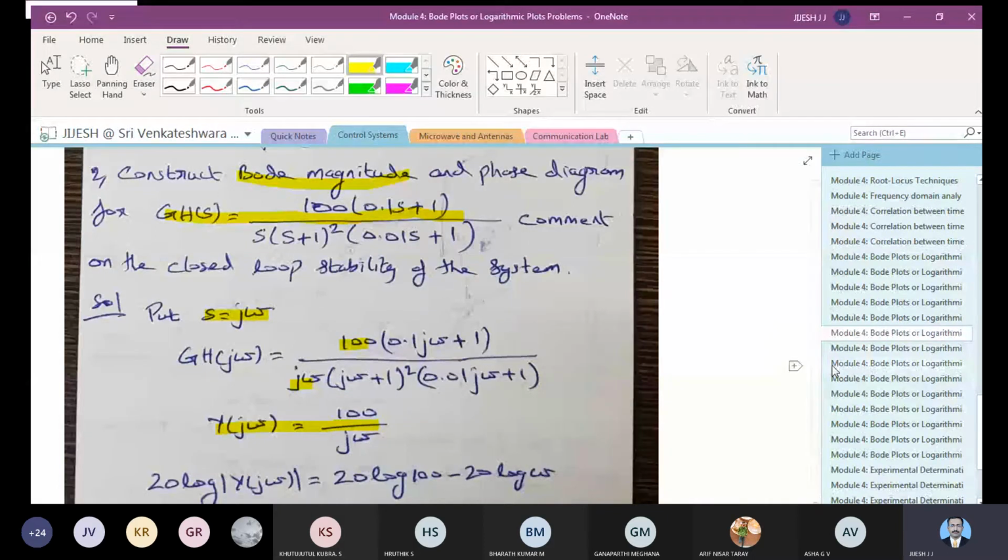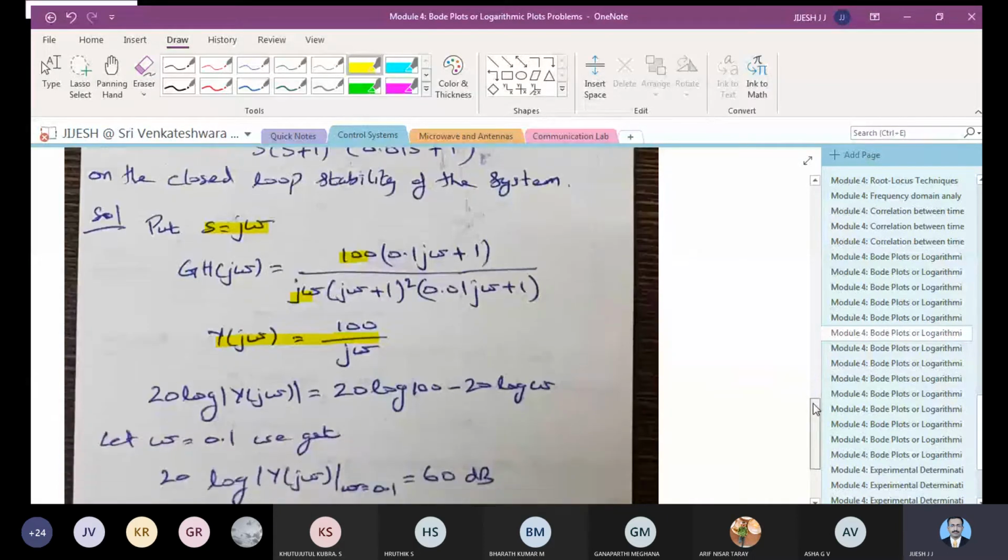Take the logarithm for that. So 20 log of Y of j omega is equal to 20 log of 100 minus 20 log of omega. This is a common step which we are doing. Let me substitute the omega value as 0.1. When I substitute omega as 0.1 and do the calculation, I get 60 dB.